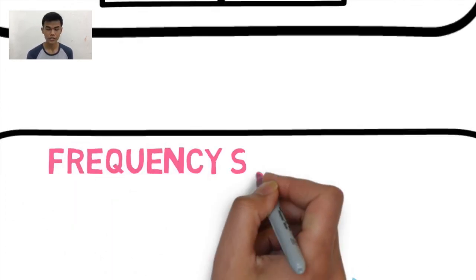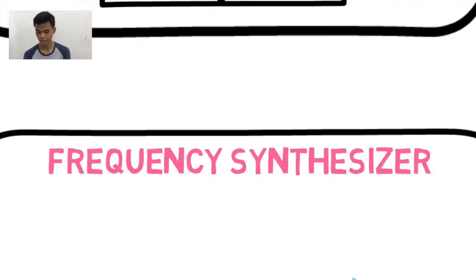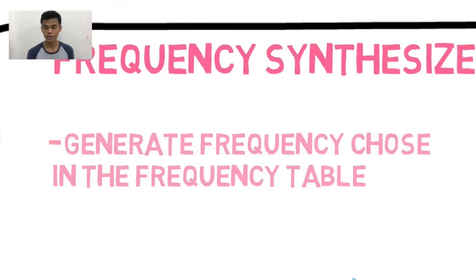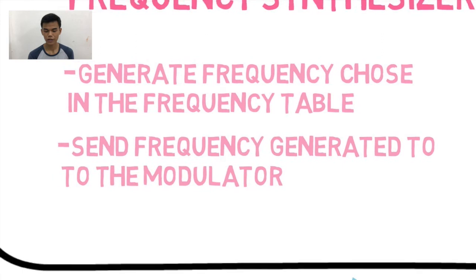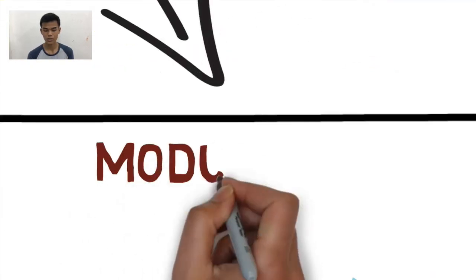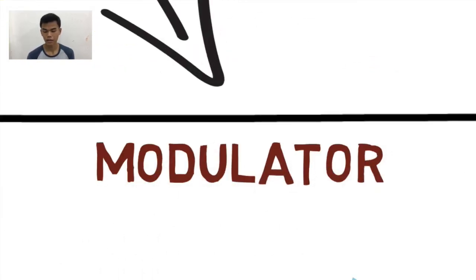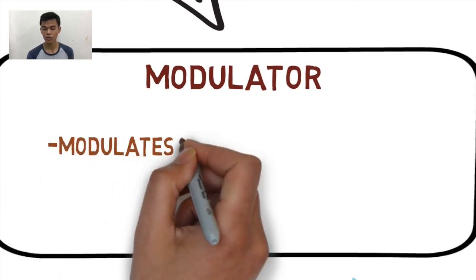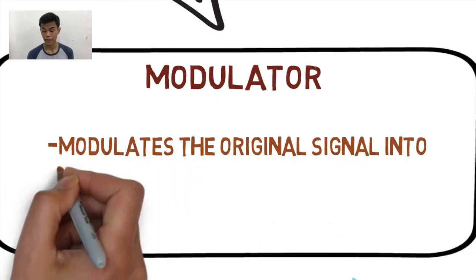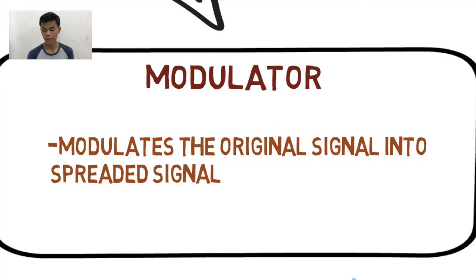So let's move to the third component, which is the frequency synthesizer. After the frequency is generated, it will be sent to the modulator. And here comes the last component, which is the modulator. The function of the modulator is to modulate the original signal based on the frequency created by the frequency synthesizer.